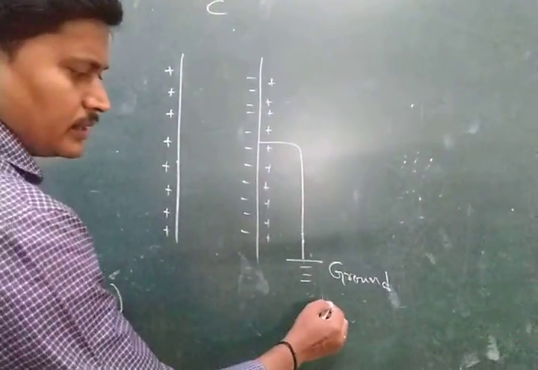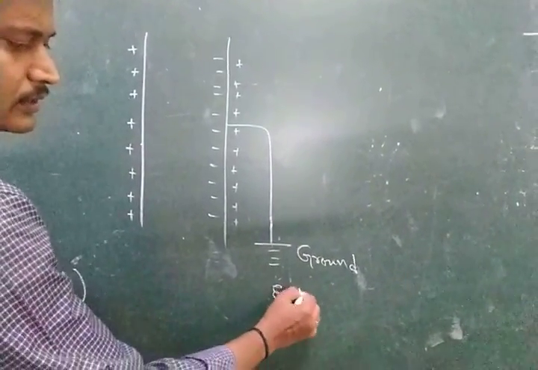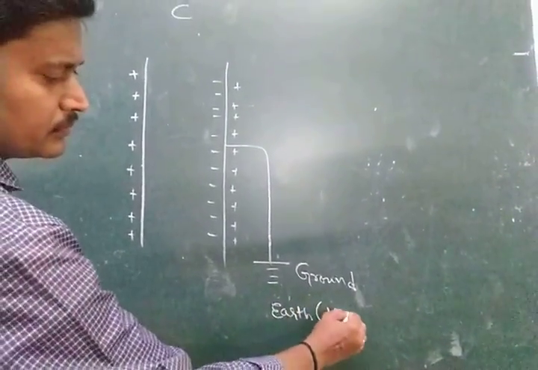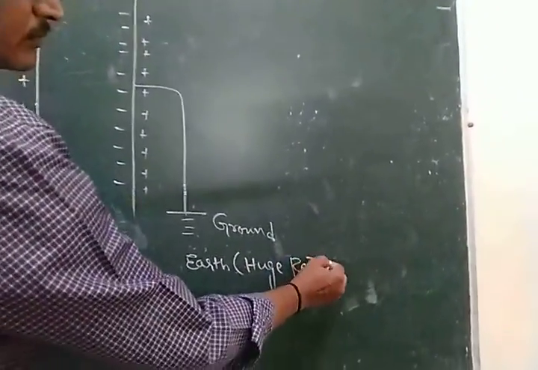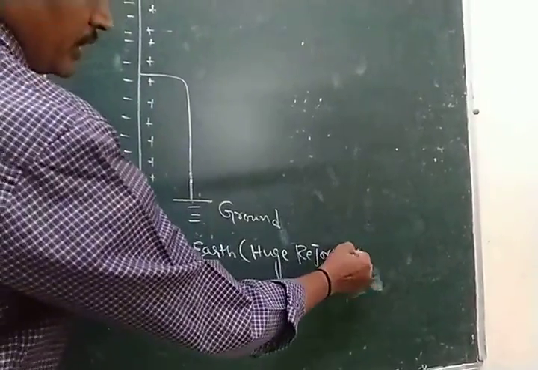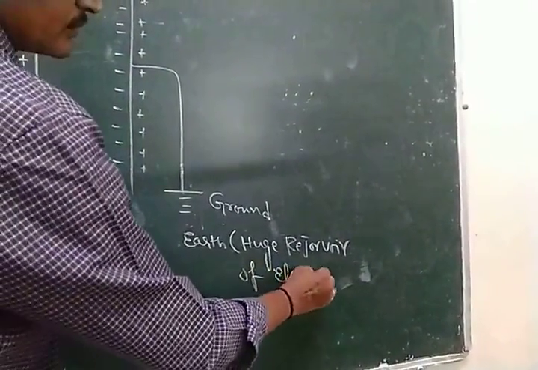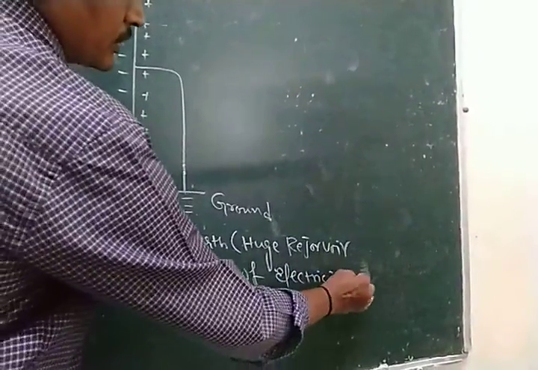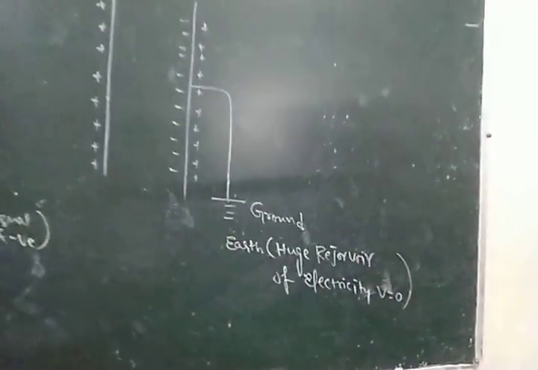Earth is a huge reservoir of electricity. Its potential value is zero.